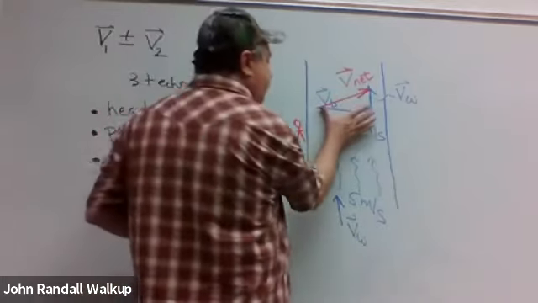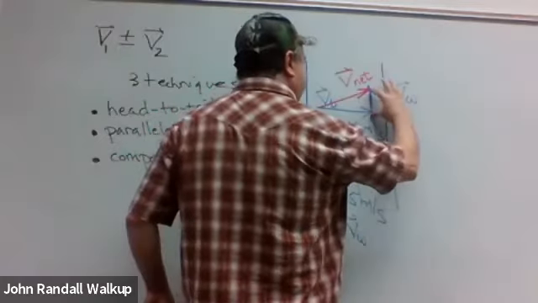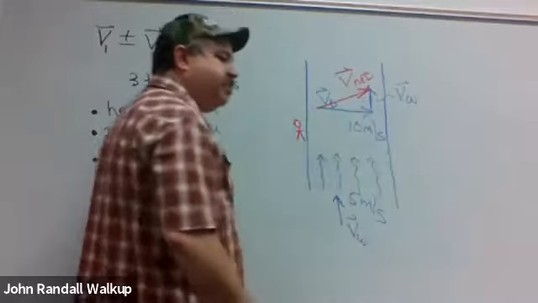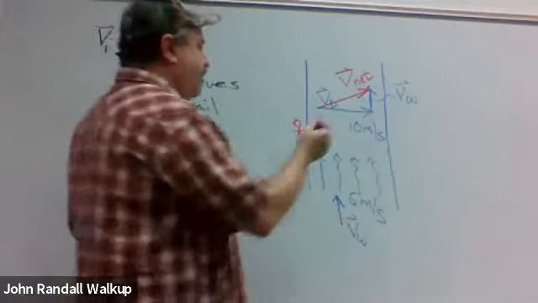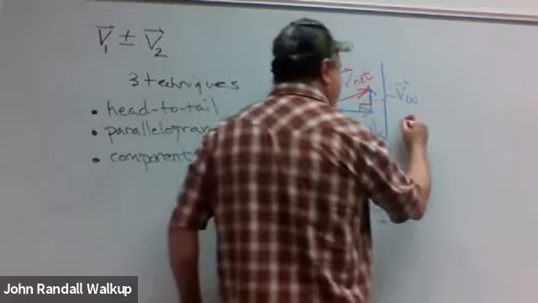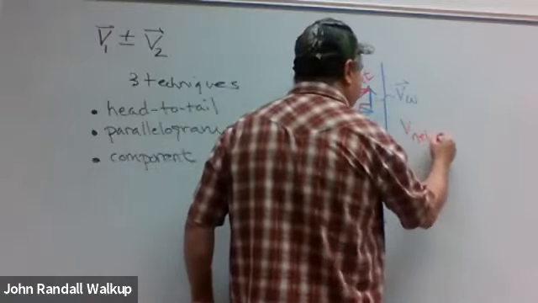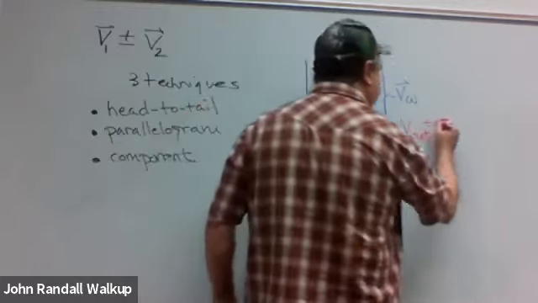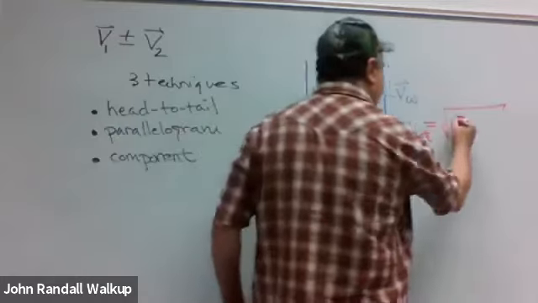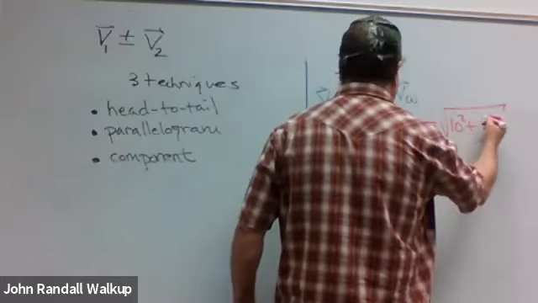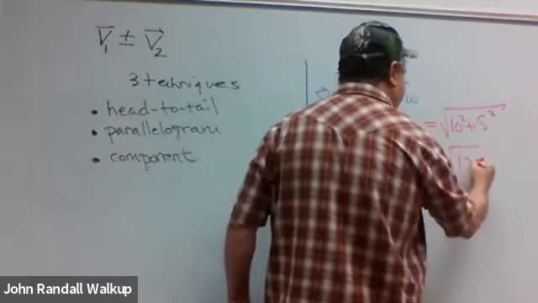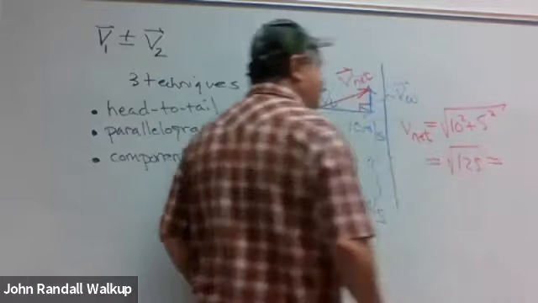So this is 10. This is 5. This looks like it might be 11 or 12 meters per second. How do we find it? Well, this is 90 degrees. We said it was. And therefore, the net speed here is the square root, remember, Pythagorean theorem, of 10 squared plus 5 squared, which is the square root of 125.